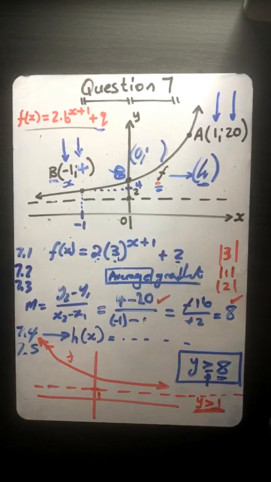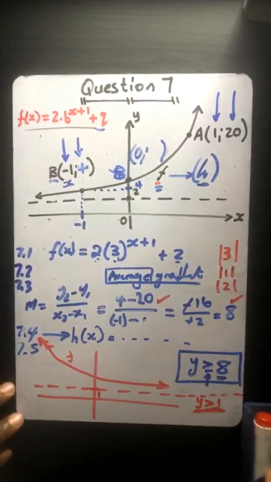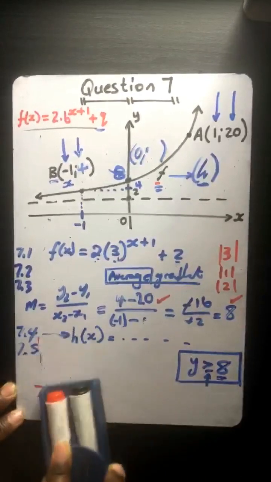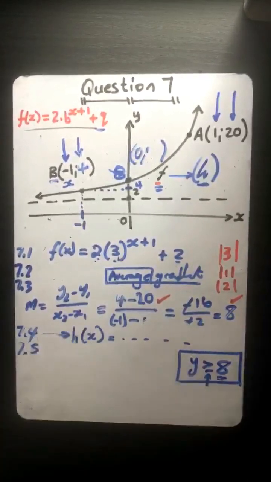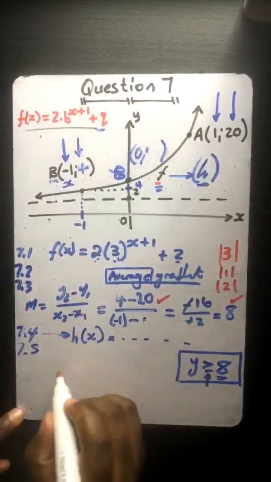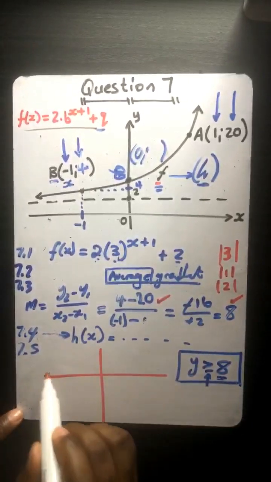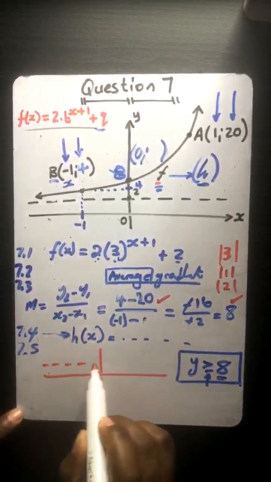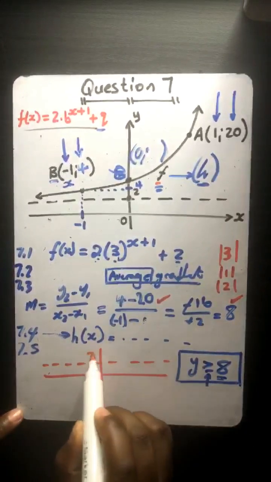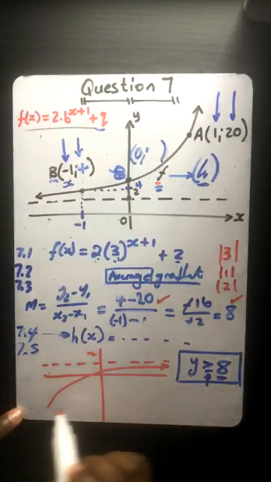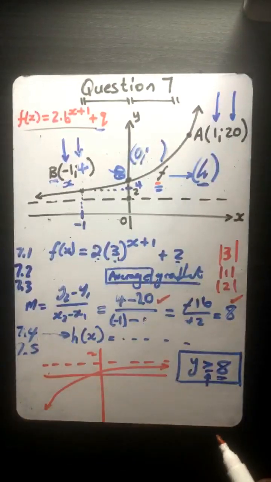Yeah. So let's have a look at a different scenario. If you have something similar to that, and let's say that there is 2, and then you have something similar to that, and they ask what is the range of the graph of g.